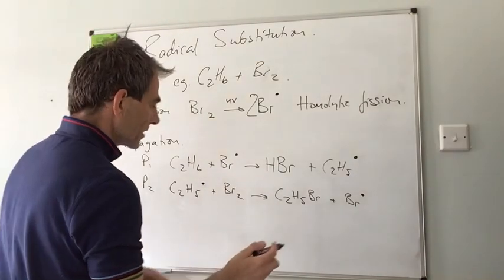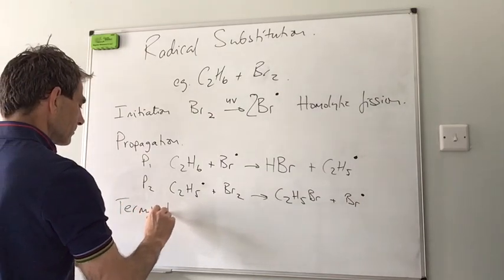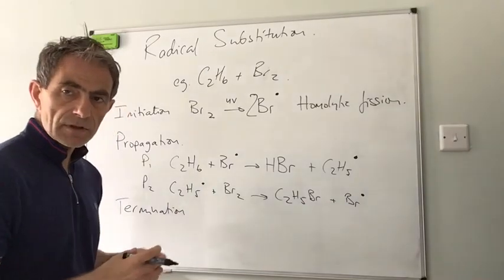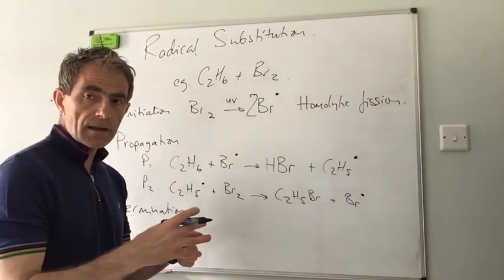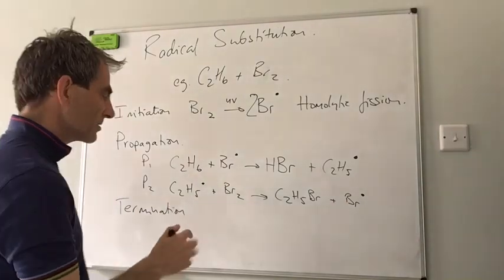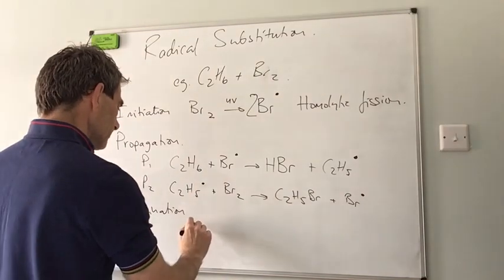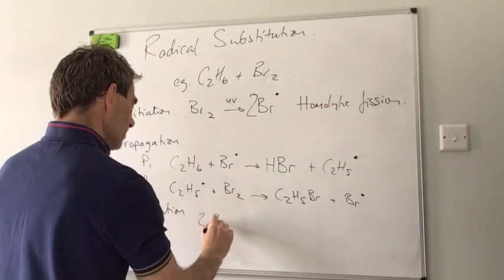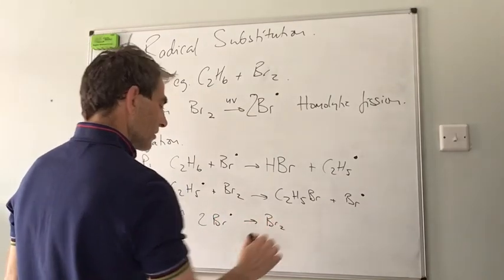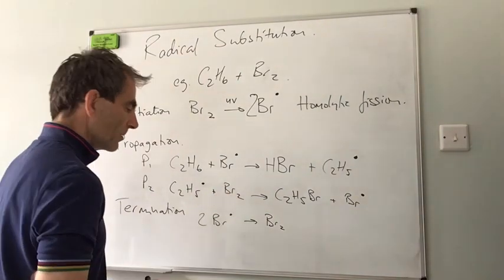And then the final step is what we call the termination step. Now, basically, in a termination step, you just take two radicals and pair them up, okay? So there's actually more than one possible termination step in this mechanism. So you could take two bromine radicals, so 2 Br dots going to Br2. So that obviously explains why there's some of that present for the second propagation step.